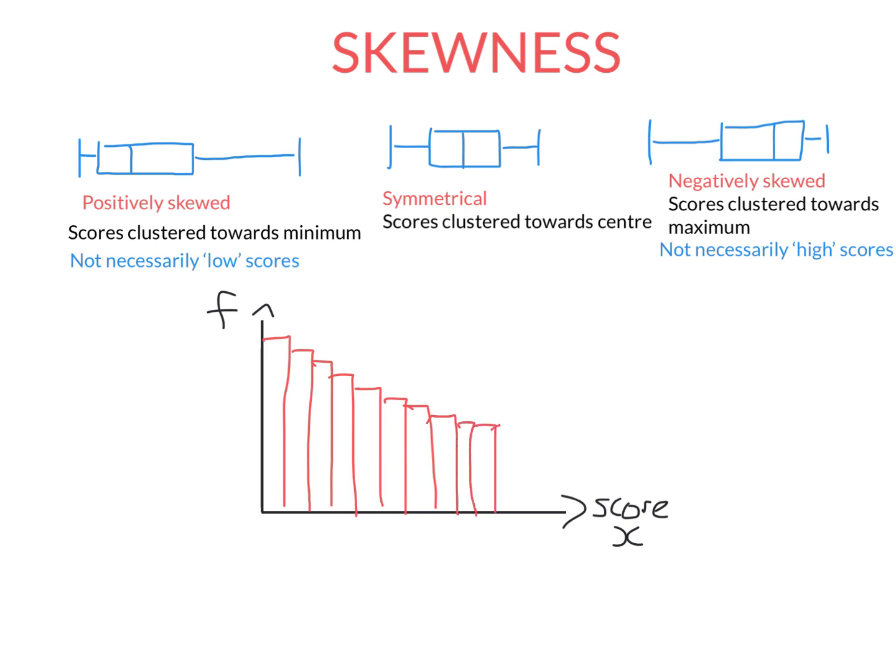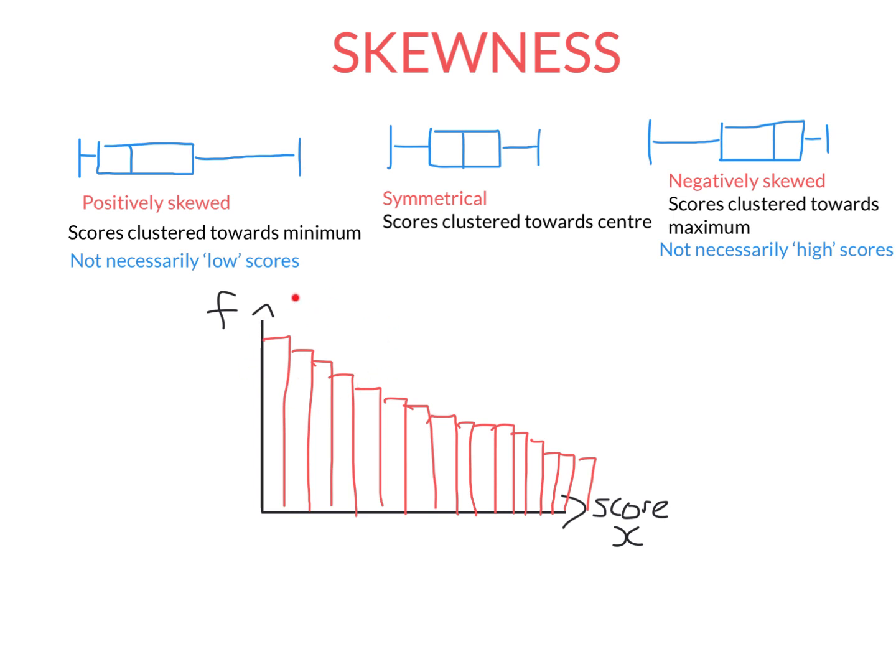So it'll look something like this. And then here we have quite a large distance for the last 25% of scores. We have 25% of scores over a much larger range, so the bars will be lower. There will be more of the bars, they'll just be lower. This is what the histogram will look like. This is a positively skewed histogram.